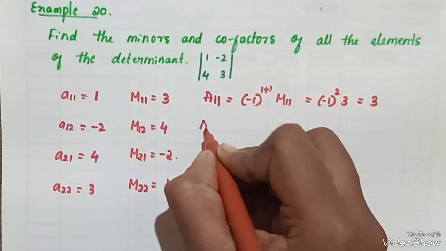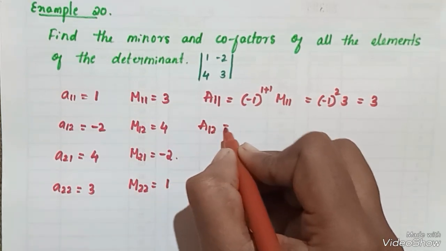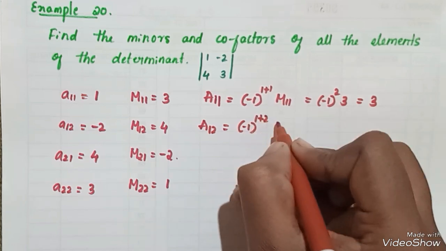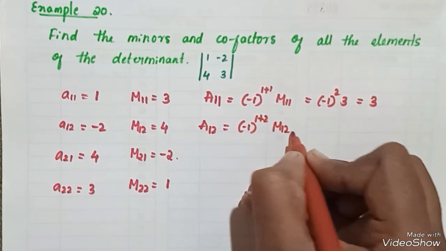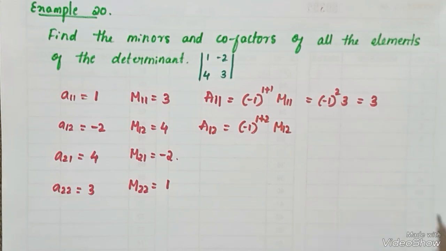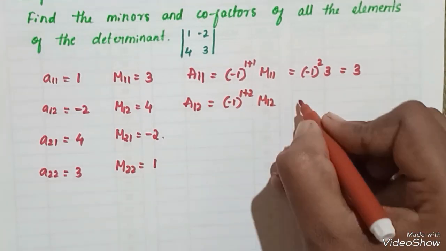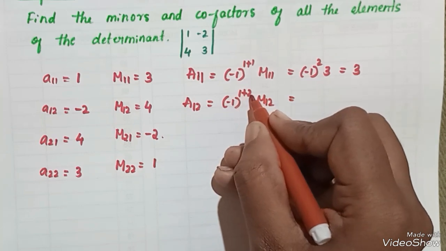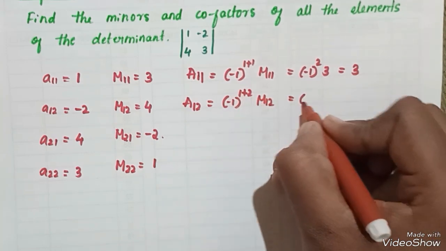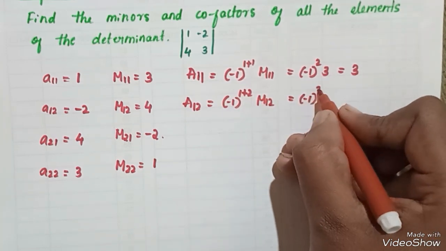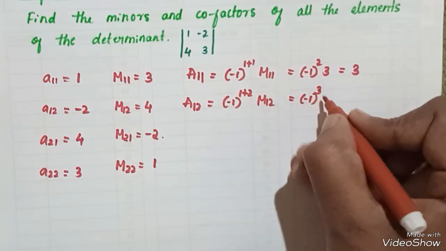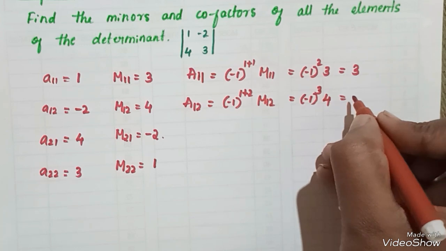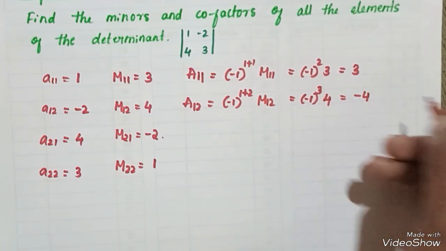Similarly, A12 is minus 1 to the power 1 plus 2 into the minor 4, so minus 1 cubed into 4 gives minus 4.